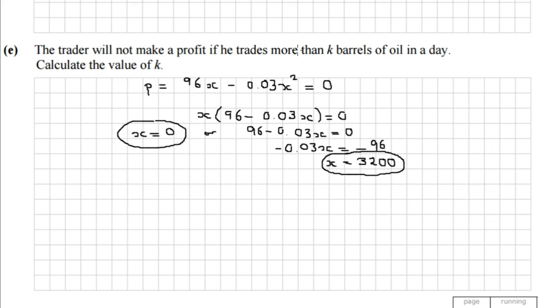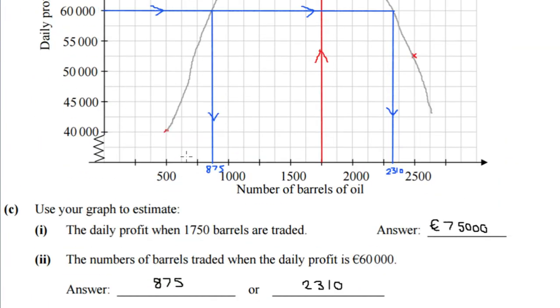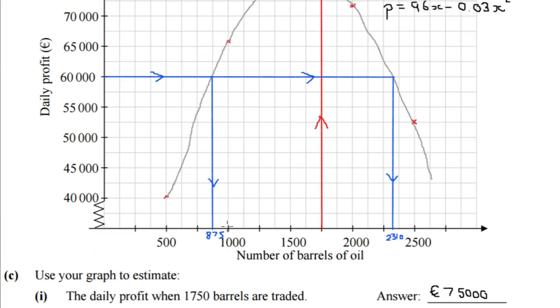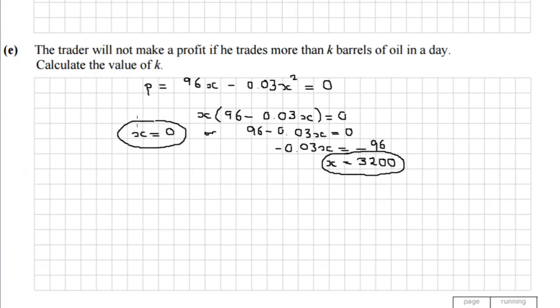More than. So this is not going to be our value of K, because if you go back to our graph here, if I extended this down, it would hit 0, 0. But we can see here that when he's trading, say, 1,000 barrels, which is greater than 0, he does make a profit. So that's why we're going to exclude here 0.